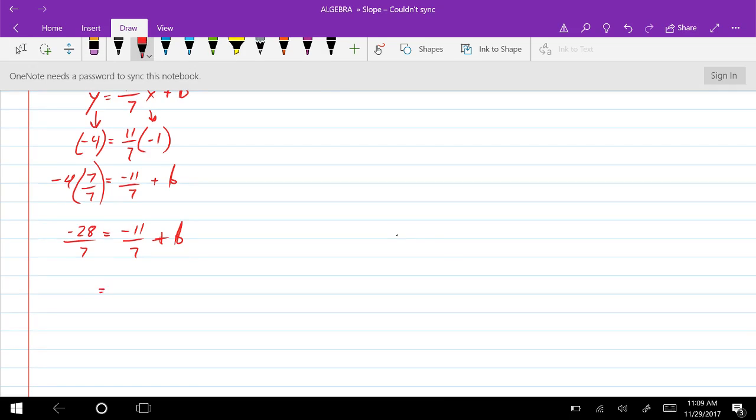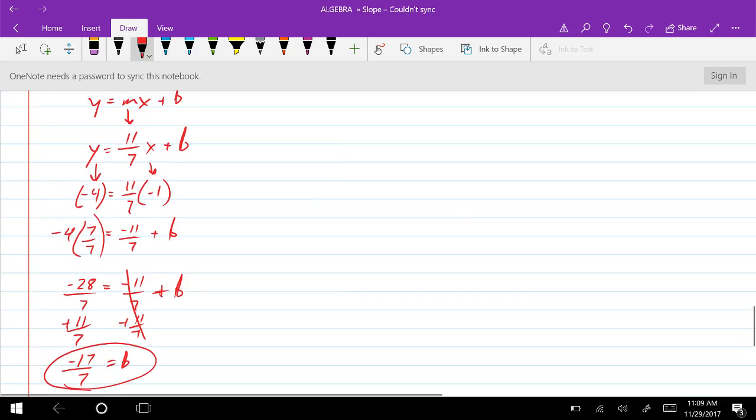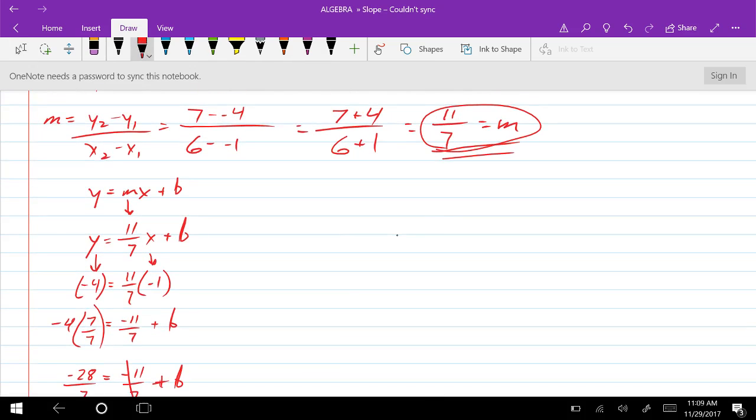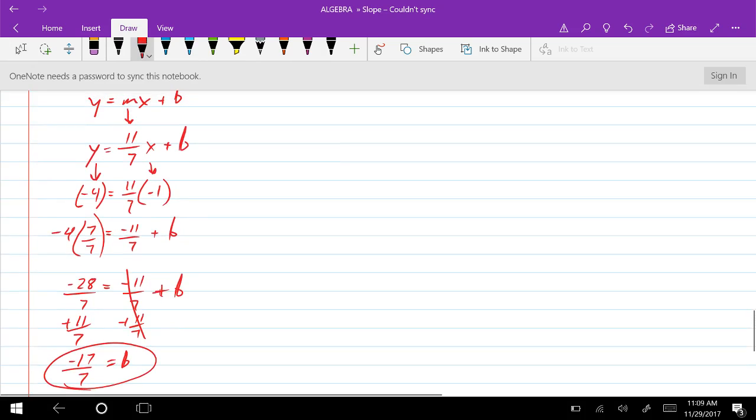I'm going to add 11/7 to both sides. That will cancel this, and I say -28 plus 11 is -17/7. So that is my b. I found my m, and now I know my b.